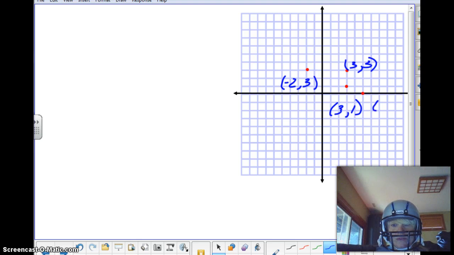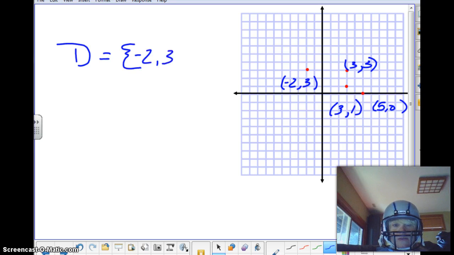And this one went over 5 and it didn't go up or down at all. Okay? So if your question is to identify the domain, we have -2, two 3s, and a 5. So we have -2, a 3, and a 5. And again, the 3 only needs to be listed once. So these make up my domain of this relation, we should say.